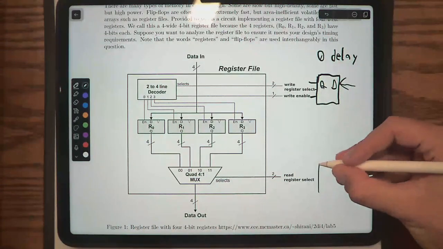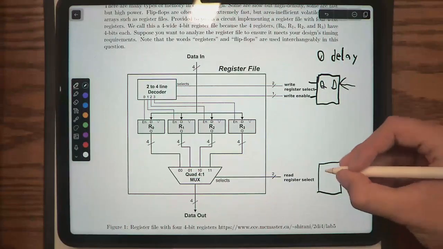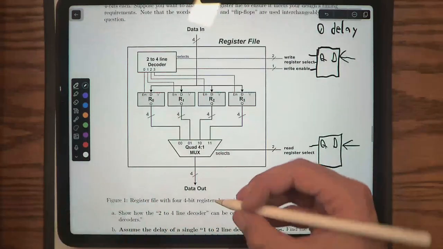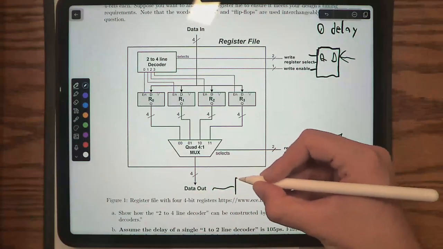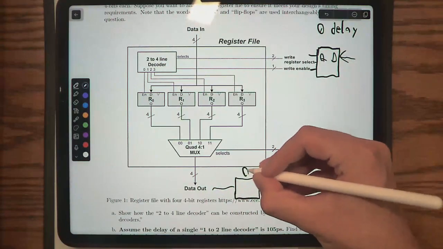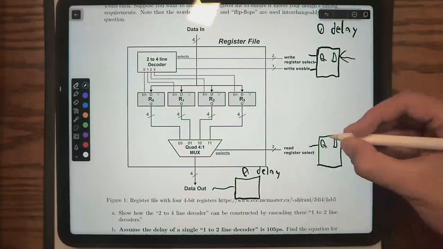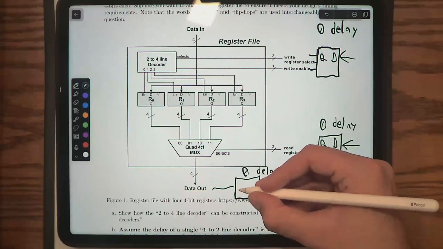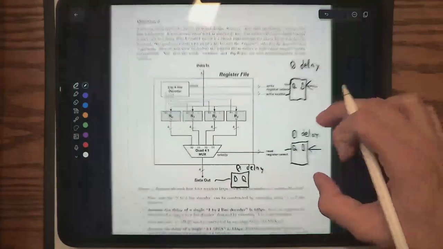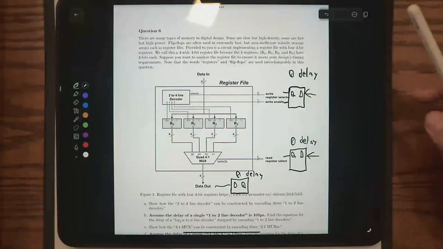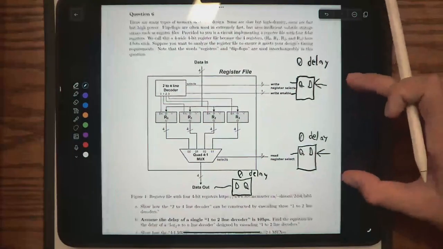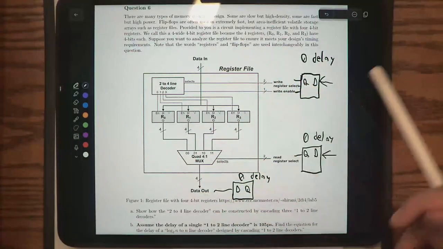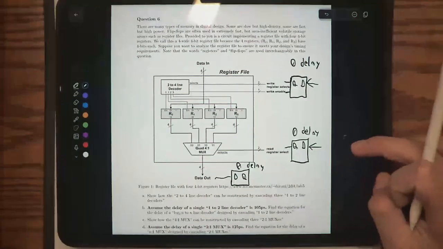And also this as well. And after that, it is fed into more magical flip-flops with 0 delay. And so now the question is, what is the maximum clock frequency that this design can run at? That's effectively what this is asking.